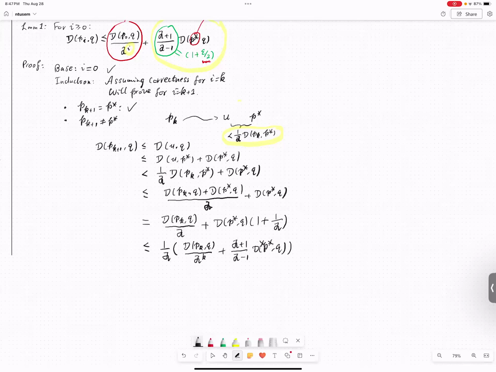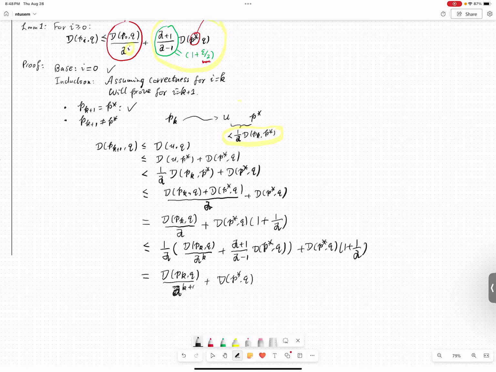So we have d(p star, q) times 1 plus 1 over alpha from above. Now let's massage the expression a little bit. Here we have what we want, this is alpha to the power of k plus 1, sorry for the ugly alpha, and then we have something extremely long for this d(p star, q).